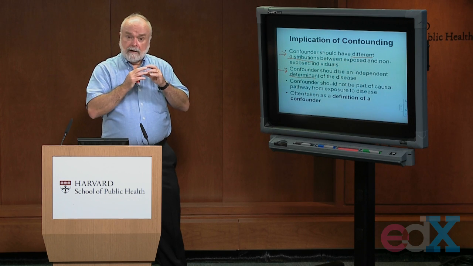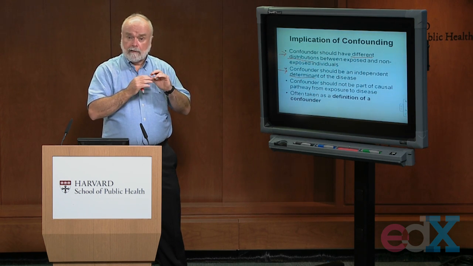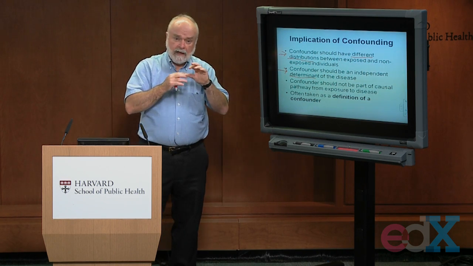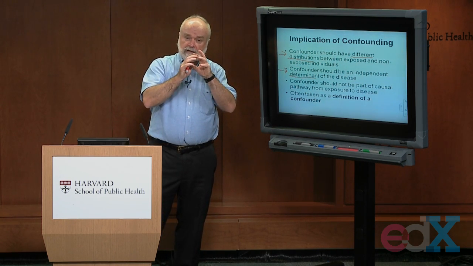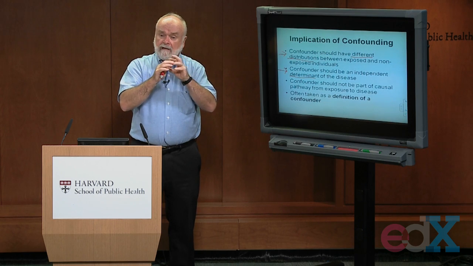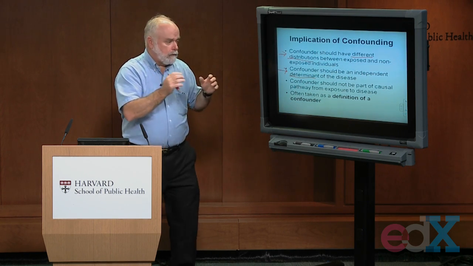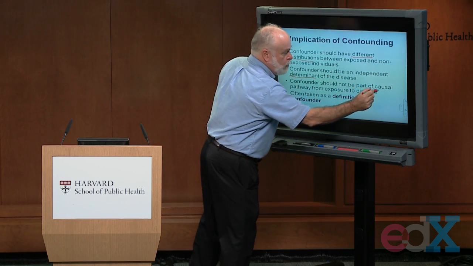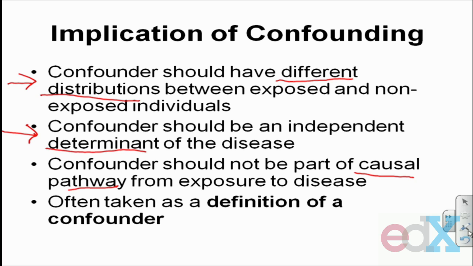And there's a third characteristic that's implied by that causal diagram. The causal diagram says that this confounding factor, age, was not a consequence of the exposure. It's not part of what we call the causal pathway. We're not assuming that smoking causes you to be old, and therefore old age leads to heart disease.